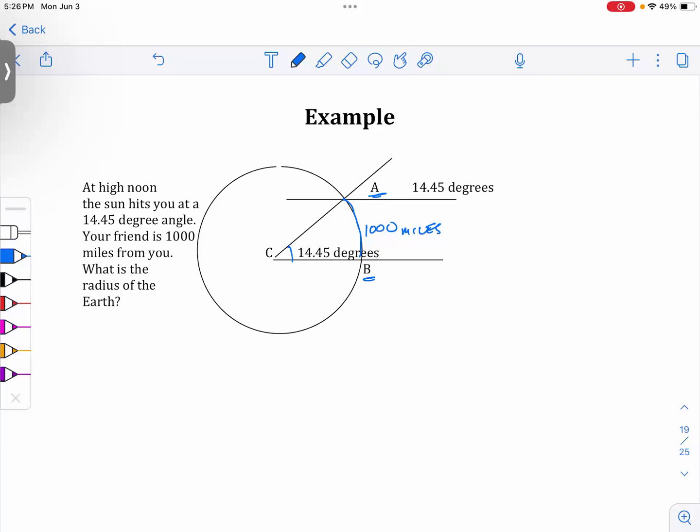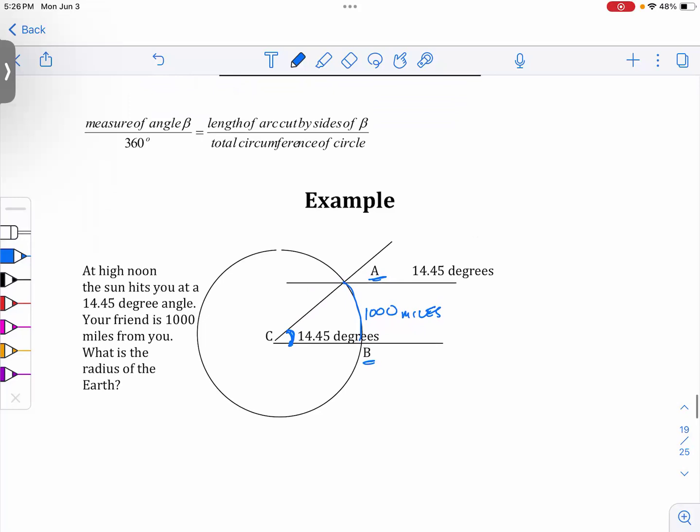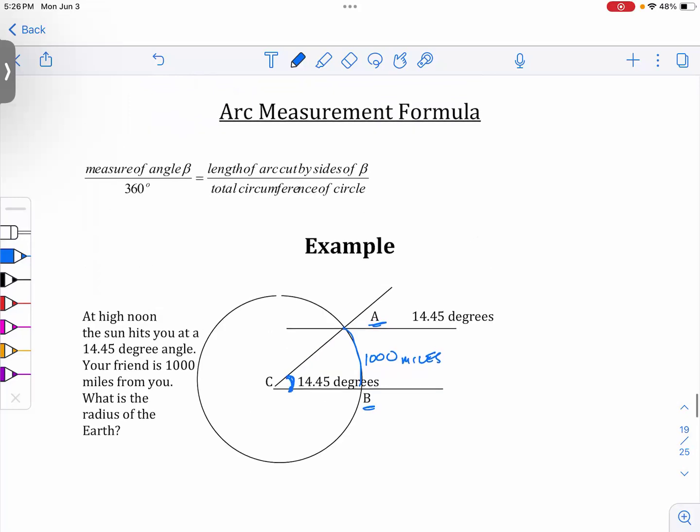So if this one out here at person A is 14.45 degrees, then that tells me the angle in here is 14.45 degrees. And then I can use this arc measurement formula, which is really just a ratio formula. It's just ratioing the angles to the length of the sides on a circle.